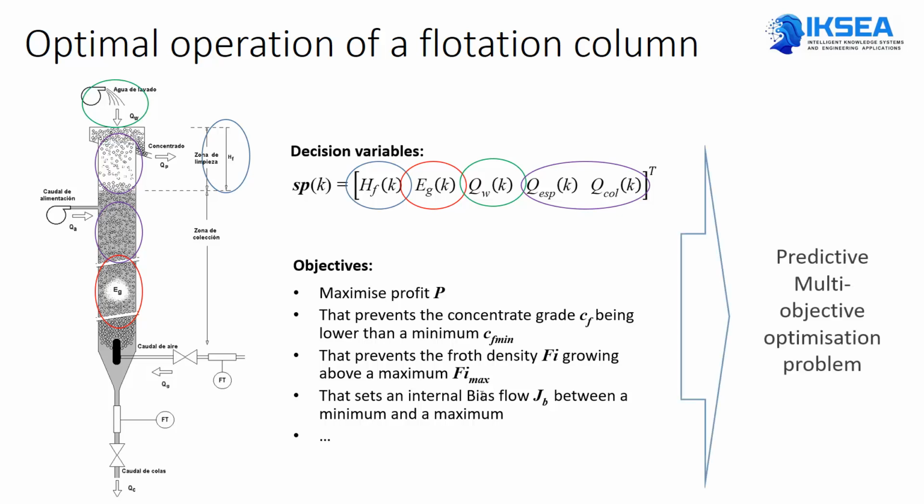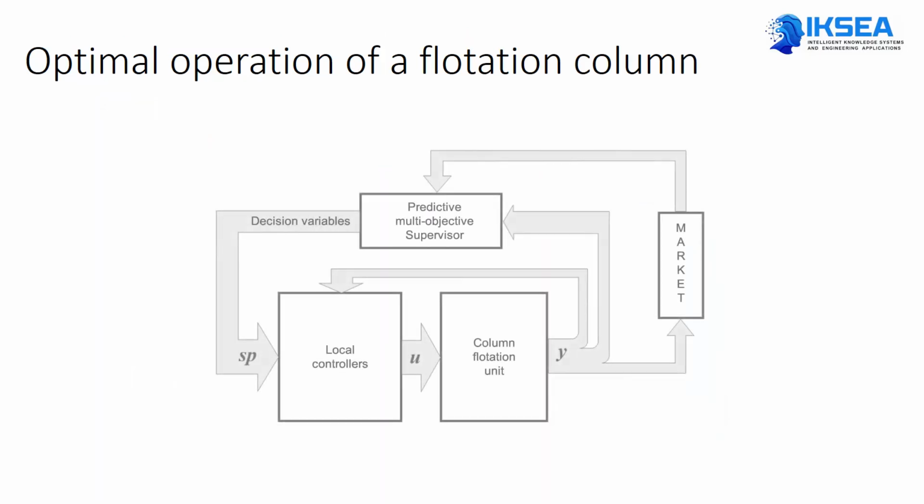Finding the trajectories over time of the decision variables that achieve these goals is a predictive multi-objective optimization problem. The solution to this problem is shown in this block diagram, where the supervisor feeds back not only the local variables, but also the market conditions to find better trajectories for the decision variables.